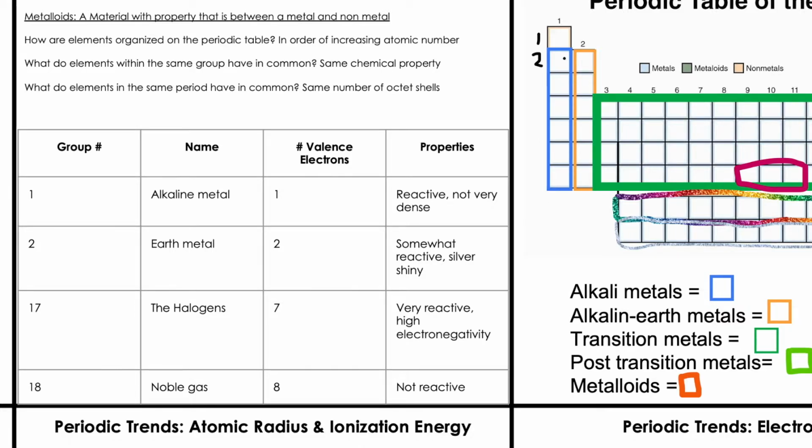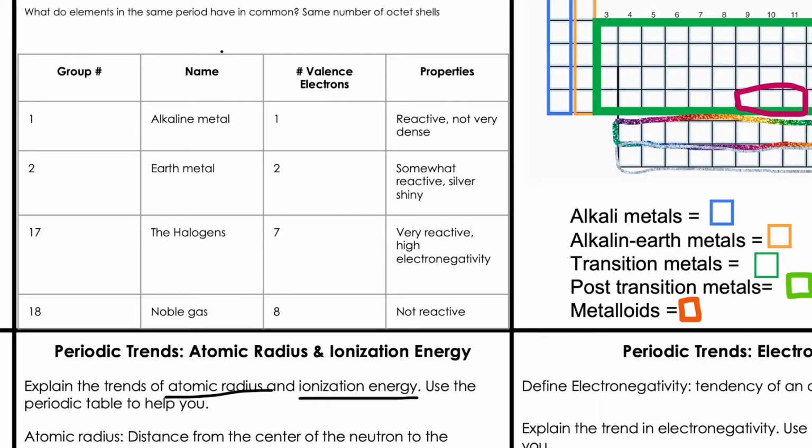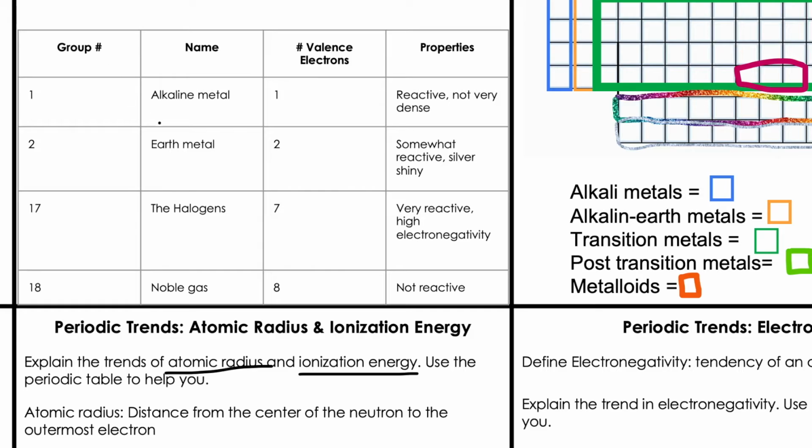So all of the elements here are somewhere between shiny, soft, and reactive. What do elements in the same period have in common? Same number of shells. Group 1, alkali metals, number of valence electrons 1. Properties: reactive, not very dense, kind of soft, silvery color.